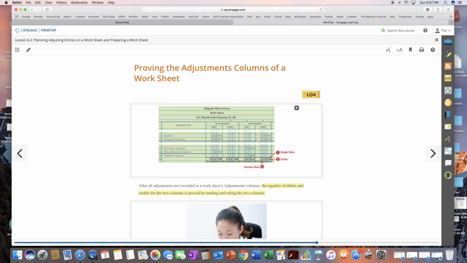Supplies is the A. That $530 is debit to supplies expense, shows how much we used. That's how many supplies we used to make money. Insurance expense and prepaid insurance: a debit to insurance expense for 150, credit to prepaid insurance. That is how much we used during the month.